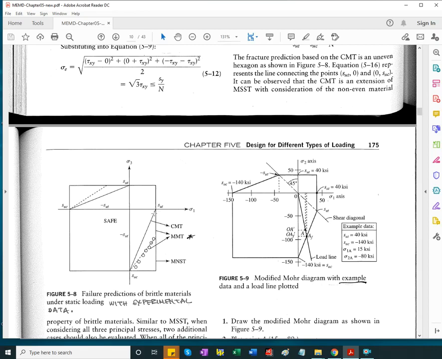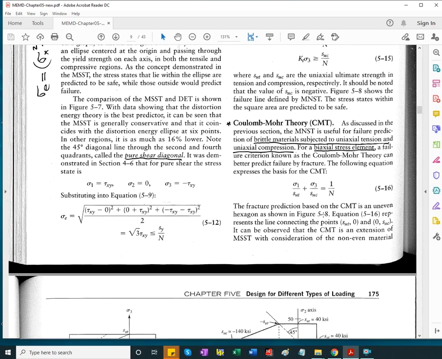This is too conservative, so there will be areas where the material still holds and are not captured by the Coulomb-Mohr theory.